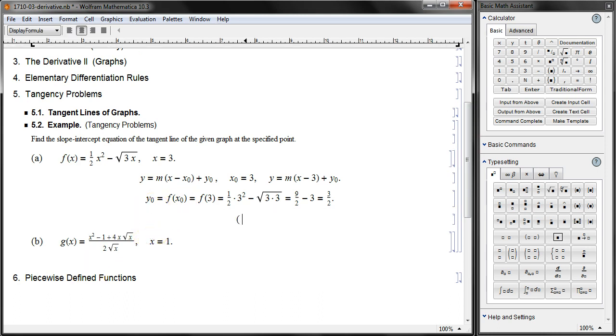Let's take the derivative. Derivative of this, let's see, the power comes out as a coefficient, so 1/2 times 2, so x, and then this one, okay, let me rewrite the problem first and then do it.